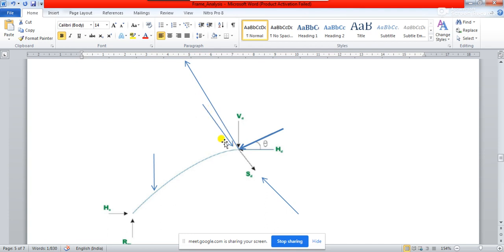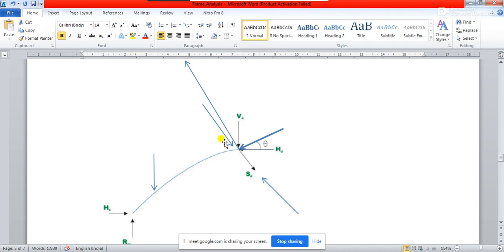If you do that, your values of radial shear and normal thrust will come absolutely with proper sign. You need not worry about it. But if you remember the formula, then you are going to get confused.